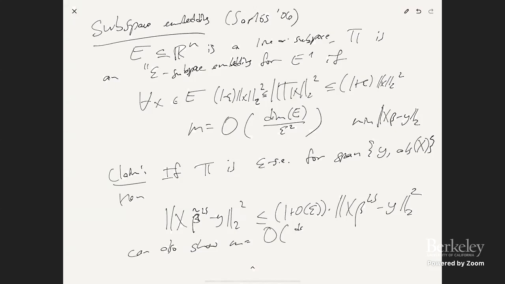The dimension of E in this case is going to be basically D plus 1, because the input matrix X has at most D columns, and then Y is one more vector. So this says that you can map down to dimension roughly D over epsilon squared instead of your original dimension, which was N. You can also show that, in fact, D over epsilon works.